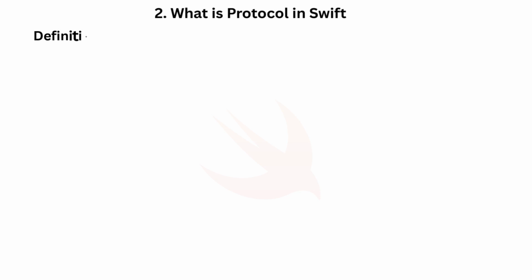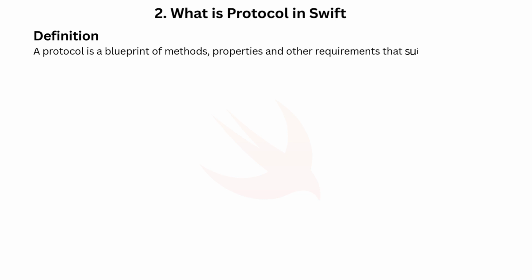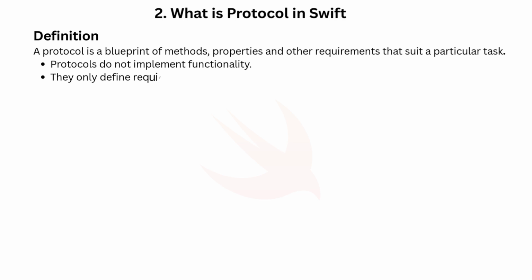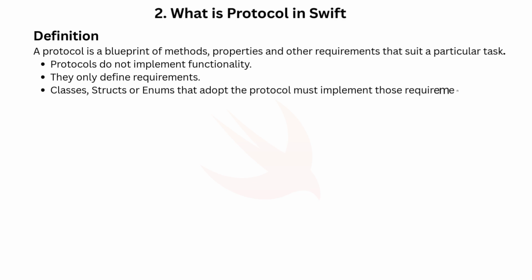If we talk about the definition, a protocol is a blueprint of methods, properties, and other requirements that suit a particular task. A protocol does not implement functionality, it only defines requirements. Classes, structures, and enums that adopt the protocol must implement those requirements.